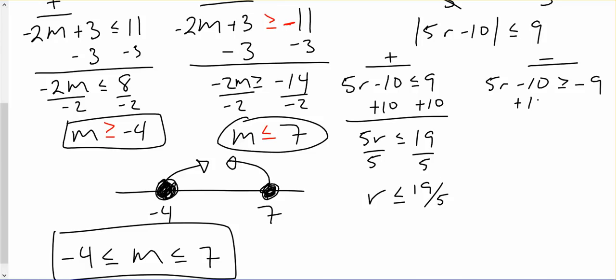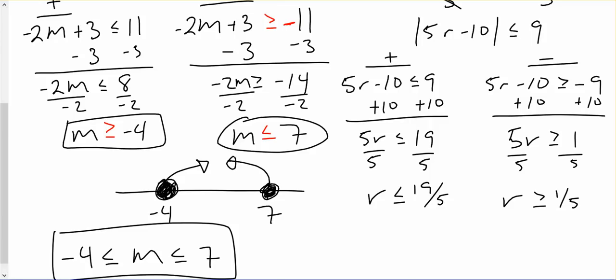Our other side, our steps will be the same. We'll add 10. 5r is greater than or equal to 1. Divide by 5, divide by 5. And r is greater than or equal to 1/5.